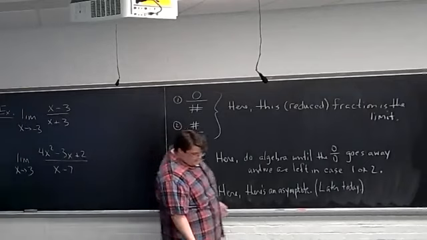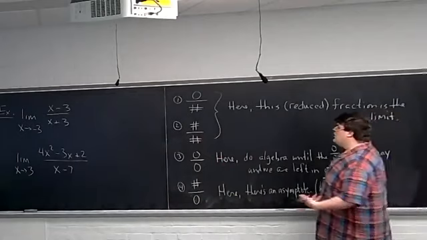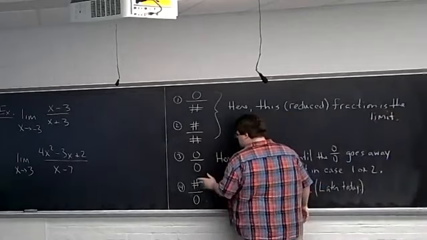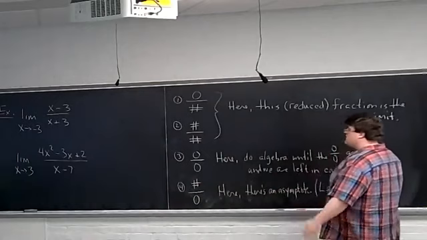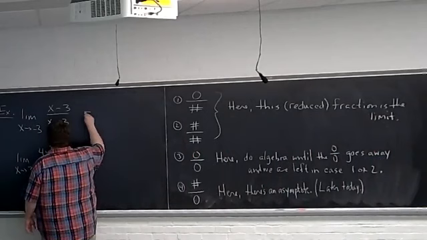So let's use this theorem. We have a fraction. Try a direct substitution, and which form it takes upon substitution will tell us some useful information. What do we get upon direct substitution here?